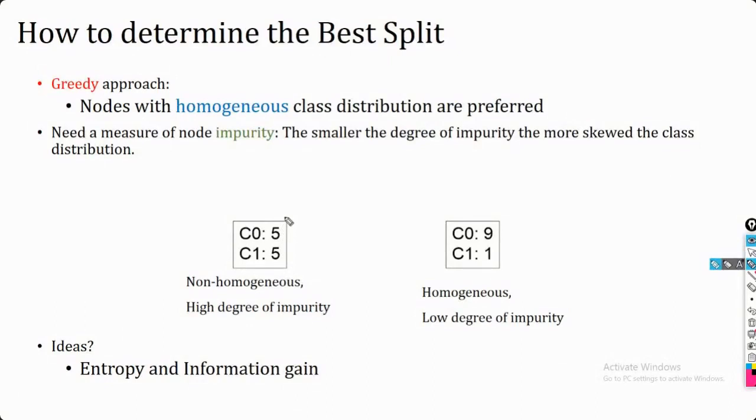Whenever we are selecting any attribute, this should not be the case. At least we should try not to reach this case. In another case, with respect to class 0 we have 9 instances, and with respect to class 1 we have one instance.